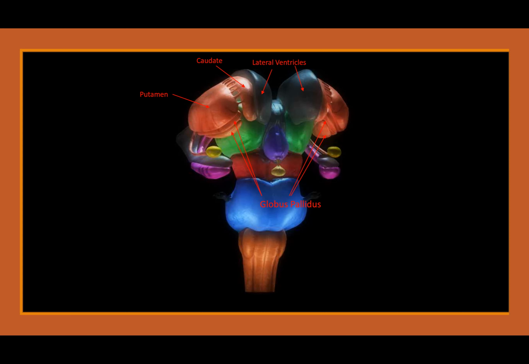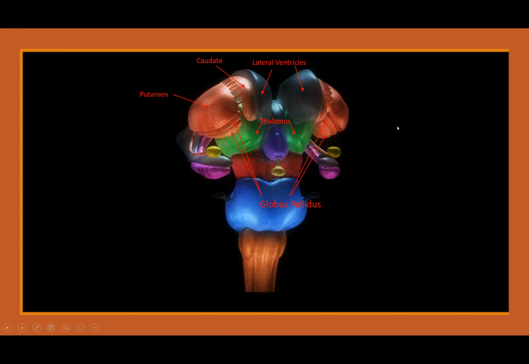You can see that there's an external and internal piece on both sides, and they're basically touching the putamen. Keep that in mind as well when you see a cross section. Then here and here in green, we have the thalamus, which sits right underneath the lateral ventricles. You can see how all of these are arranged together.